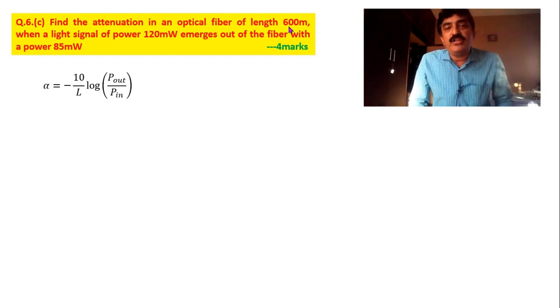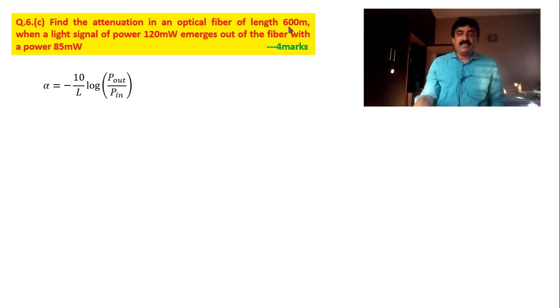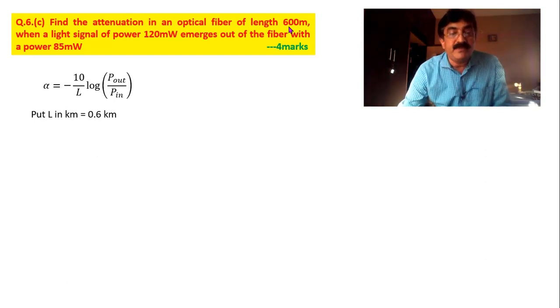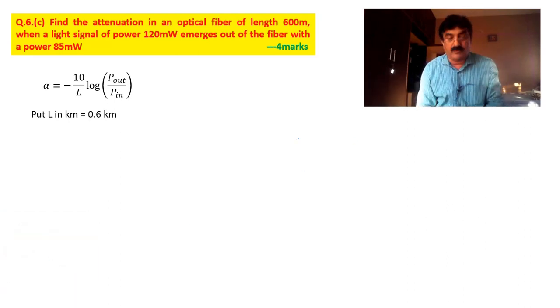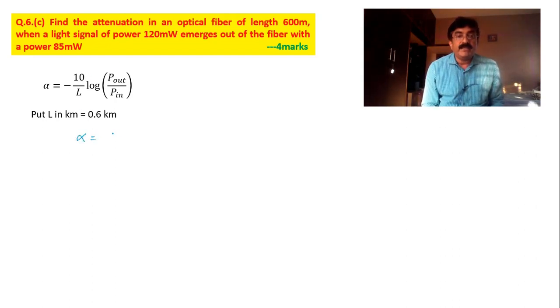Alpha is the attenuation coefficient, and the formula is minus 10 by L log of P out by P in. I told you, L should be 0.6, that means L should be in kilometer. Now by taking L in kilometer, I will substitute the values. Alpha is equal to minus 10 by 0.6 into log of output power 85 divided by input power 120. Both are milliwatt, so milli cancels.